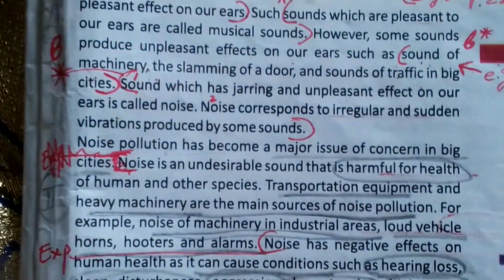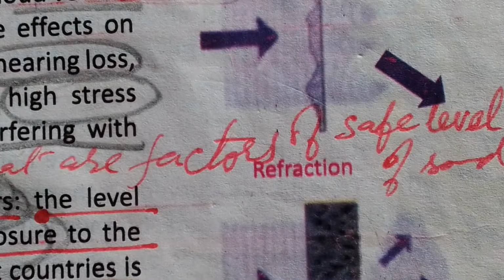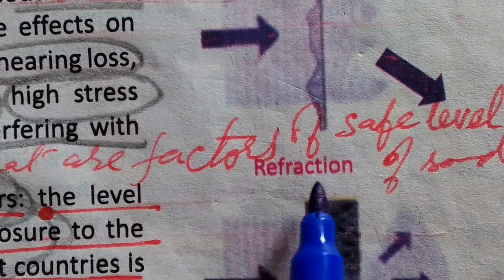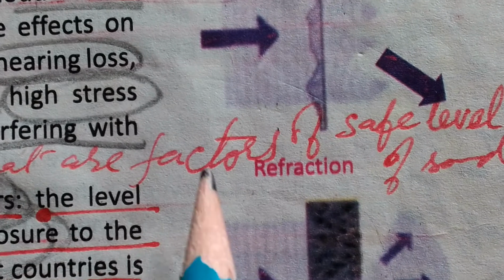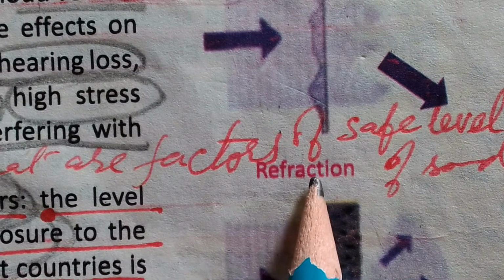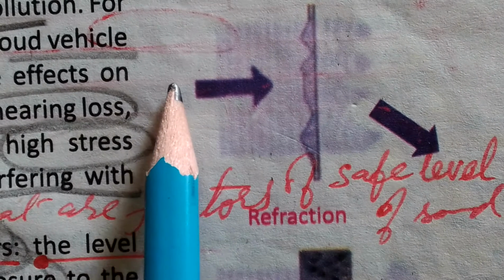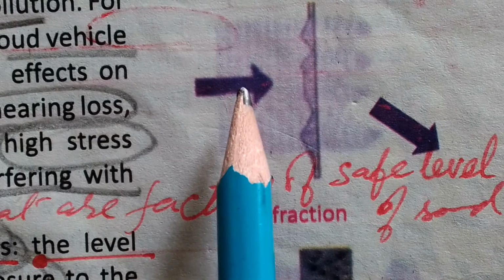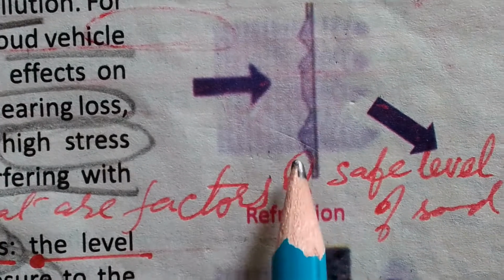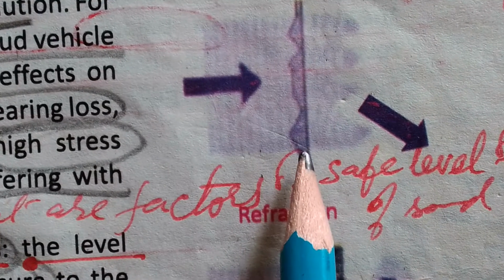Now we will come towards the second thing, and that is refraction. That is refraction of sound waves. In refraction, what happens? The sound waves are coming in one medium, hit the boundary of the second medium. Here a hurdle is not placed.